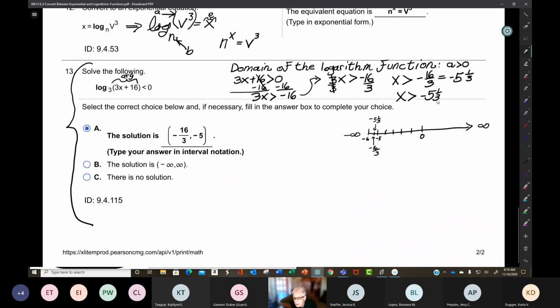Okay, now it's got to be strictly greater than that. It can't equal that. It's got to be to the right of. So if we were going to graph, the domain of the function would go along with this part of the x-axis.